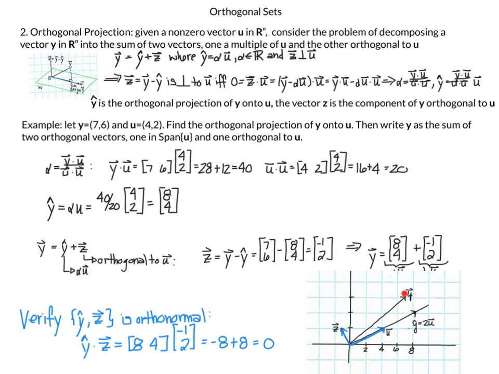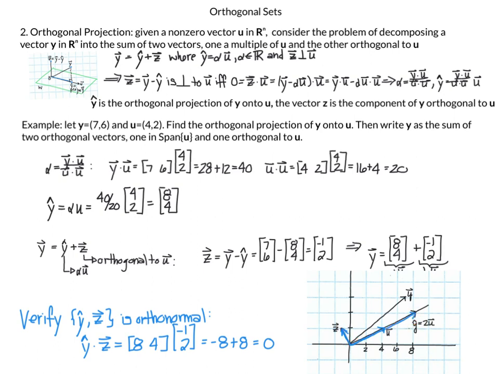So essentially what we're doing is, once we have y, we're breaking it down into coordinates of u, z. So we're finding out what scalar multiple of u we need, and it ends up we need to go out to 2u. That's y hat. And then we calculate what z is using our formula. And so what we have is that y is now a linear combination of z and 2u.